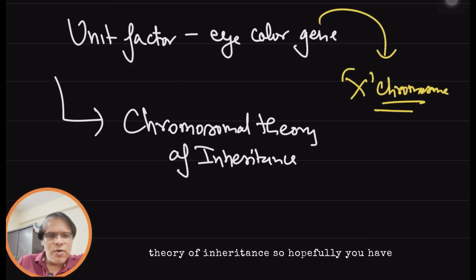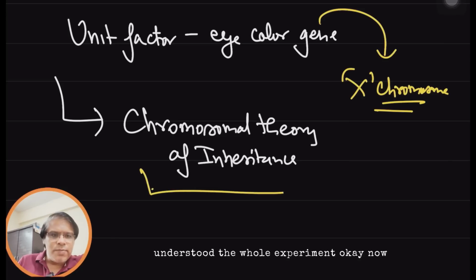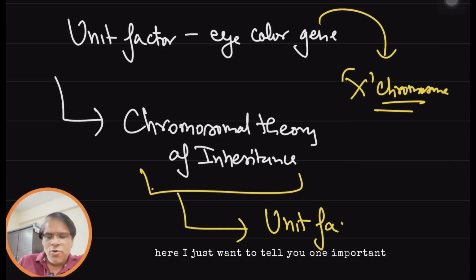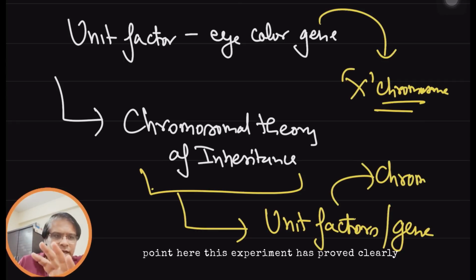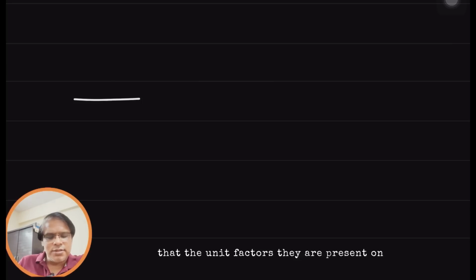Hopefully you have understood the whole experiment. Now I just want to tell you one important point. This experiment has proved clearly, without any doubt, that the unit factors are present on chromosomes.